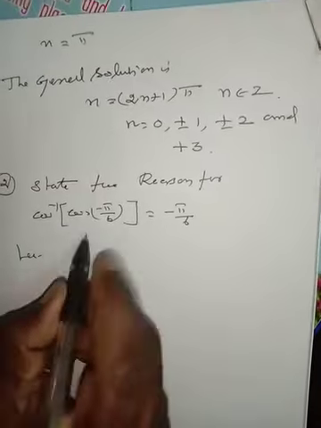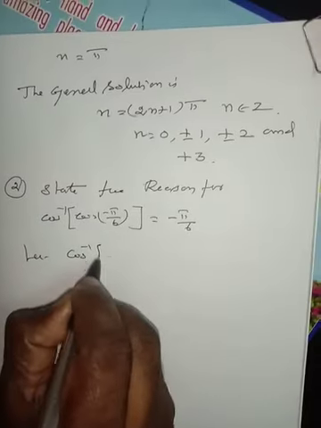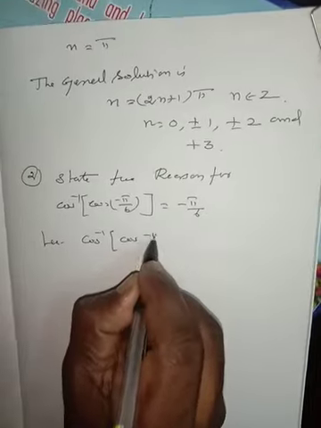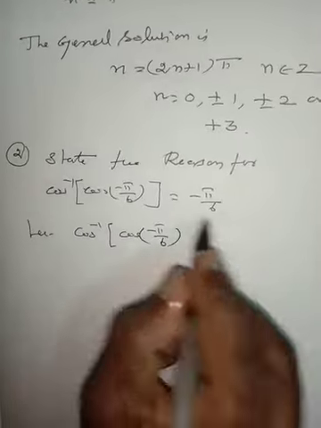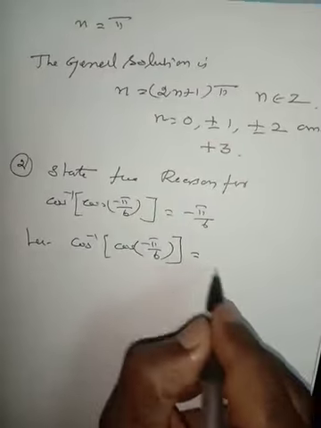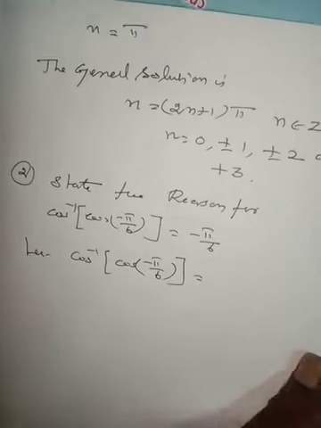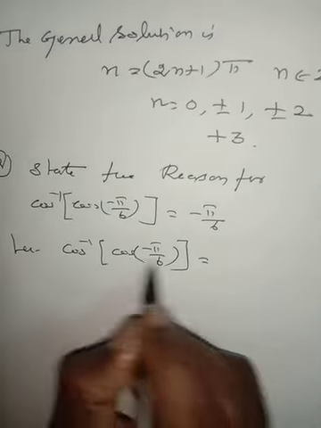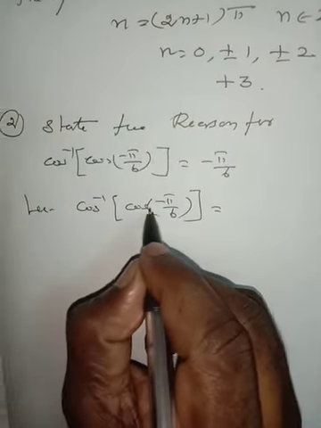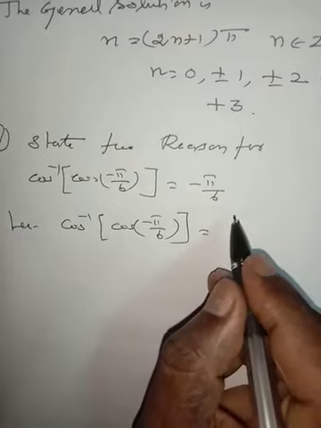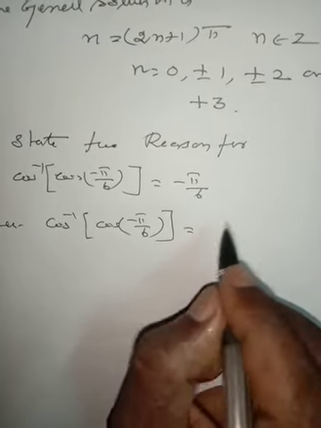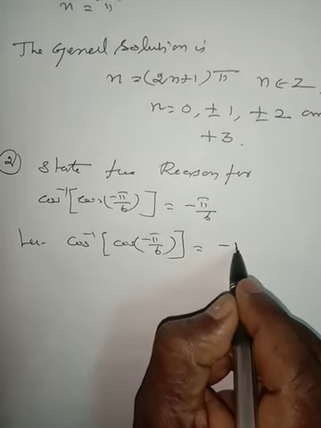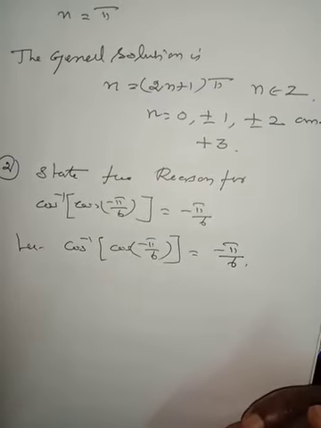Let cos inverse of cos of minus pi by 6 be equal to, cos inverse of cos gives the answer directly, so minus pi by 6.